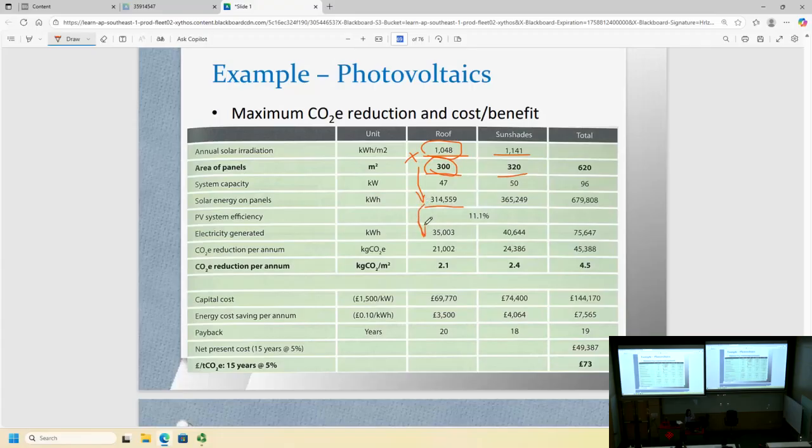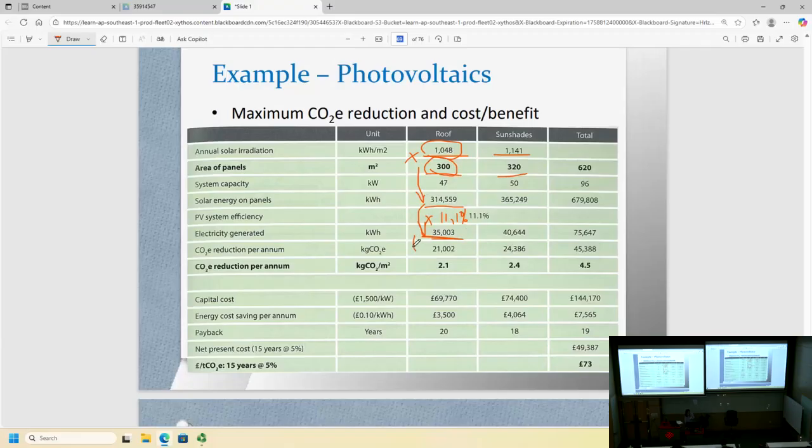So for this one, we multiply by 11.1%, then we have the electricity output from the PV panel, the amount of electricity generated from the PV panel.